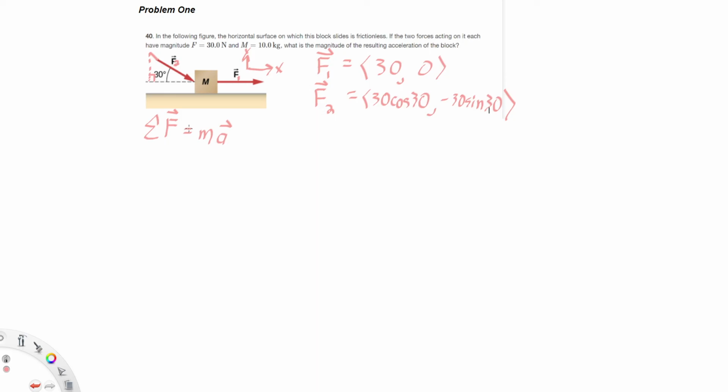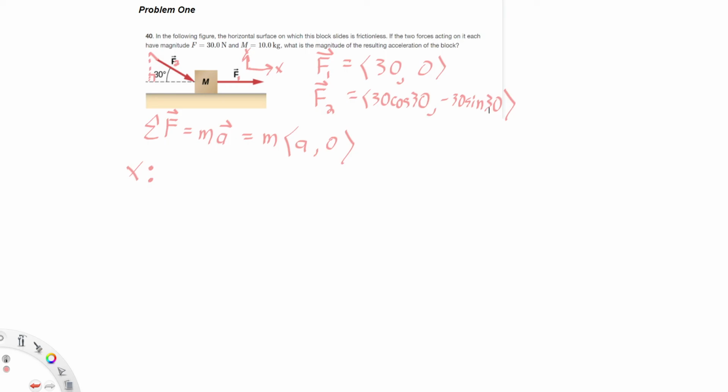That is, we expect if you push on a block, it doesn't fly into the sky and it doesn't sink into the ground. So the acceleration we expect to see is something in the x direction. It's 0 in the y direction. In that case, we can really just analyze the x parts of Newton's second law.